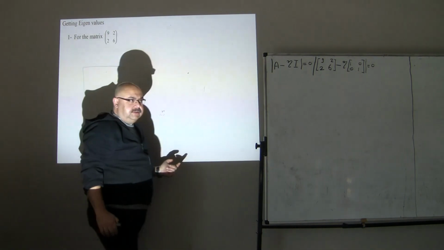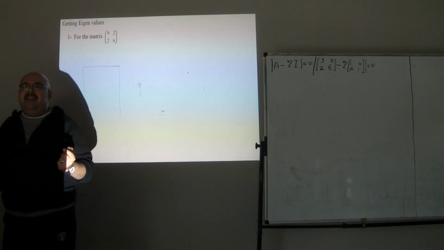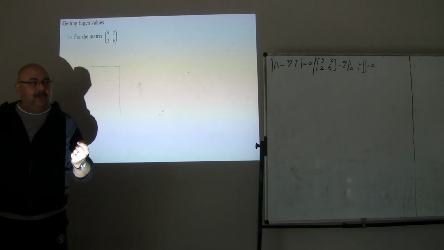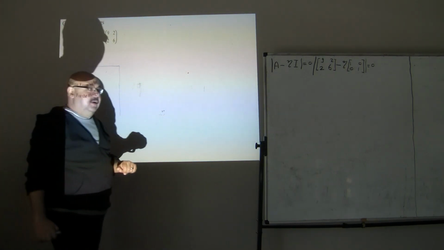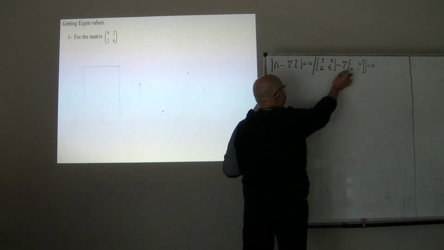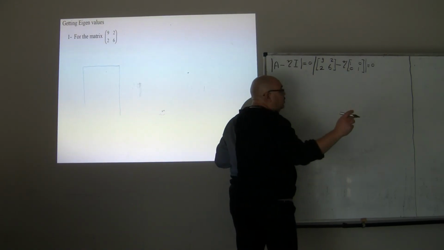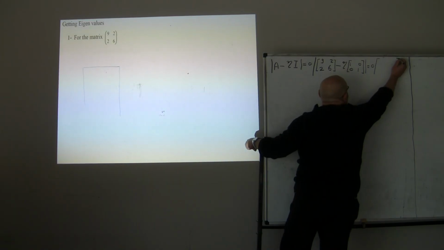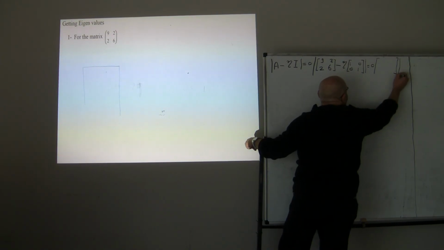Yes, you are correct. Once you evaluate this determinant, it's going to be an equation. Let's do it together. Once you finish up these two matrices, you will end up with the determinant of this matrix.